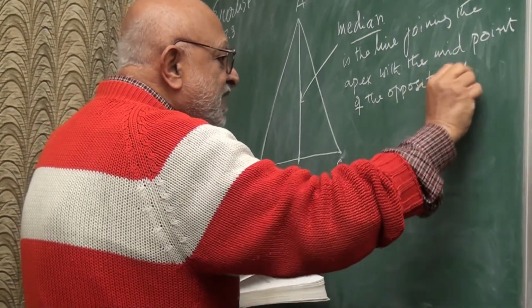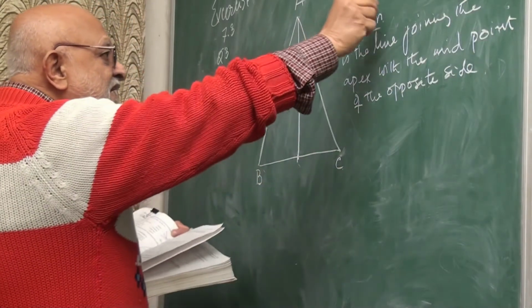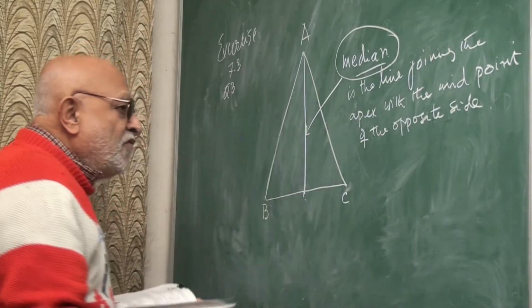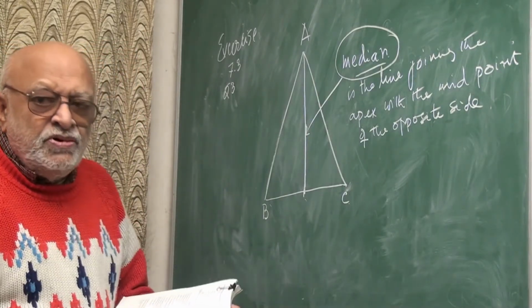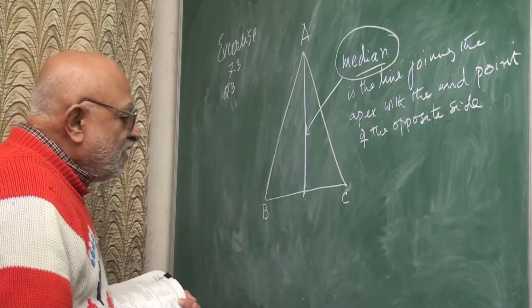So this we should understand and we should know this. So please study all the properties like altitude, median of a triangle. If you don't understand that, you will not be able to solve this problem.